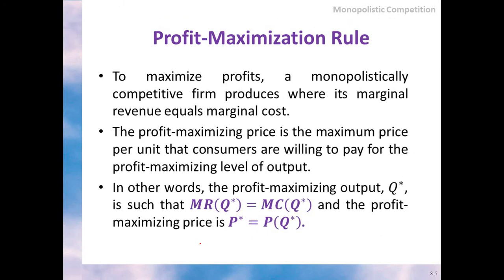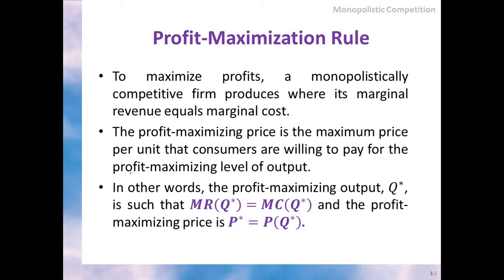When the curve is downward sloping, you can guess that it is more like the situation of monopoly. So if you understand monopoly very well, then monopolistic competition will be easier to understand.